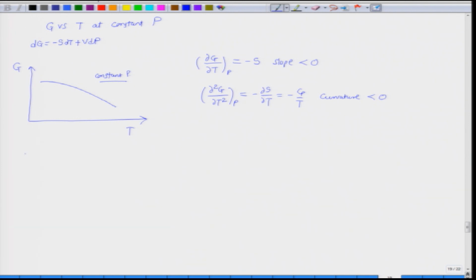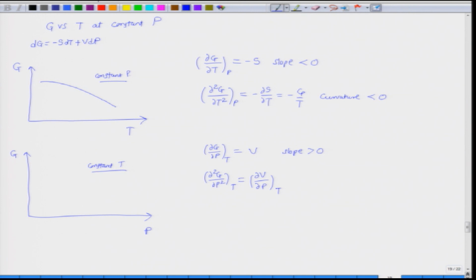What about variation of G with P at constant temperature? So, again if we try to see the slope dou G by dou P at constant T, from the equation of state here, we know it is volume, and volume is always positive. So, the slope should be greater than 0, and the curvature, which is the second derivative, should be dou V by dou P at constant T. Is it negative or positive?